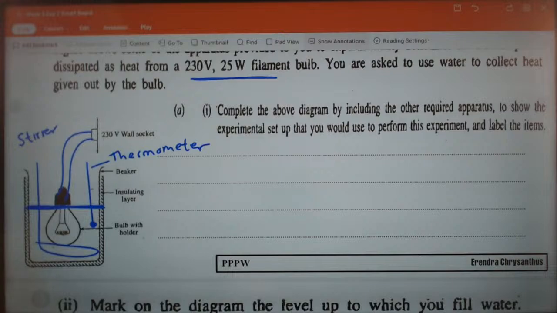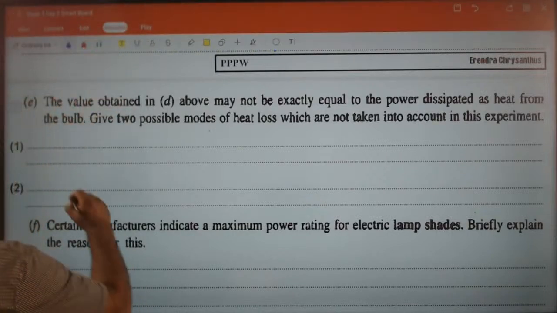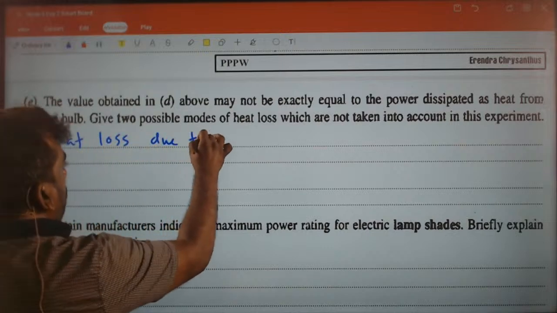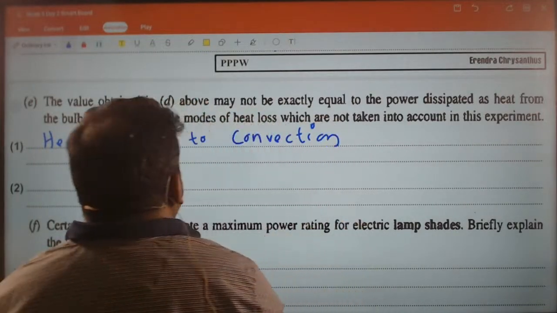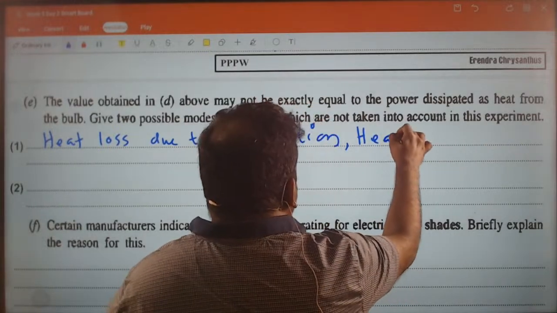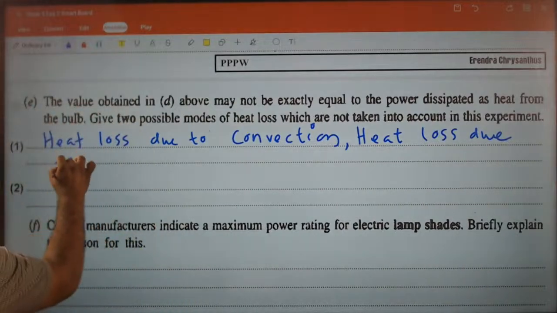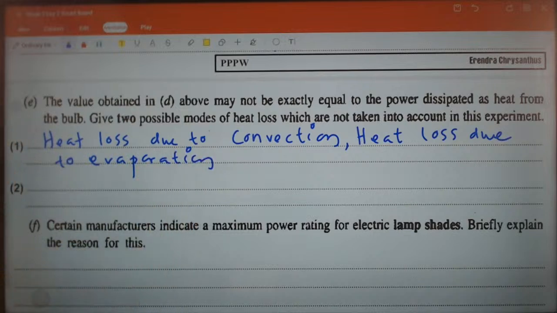So we can write here: heat loss due to convection. Next one, heat loss due to evaporation.